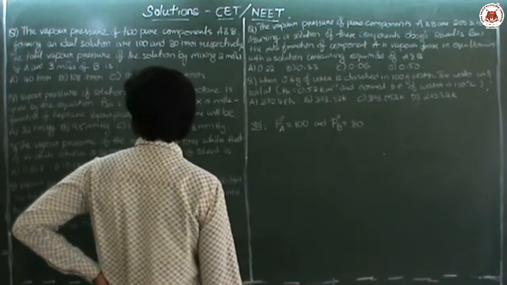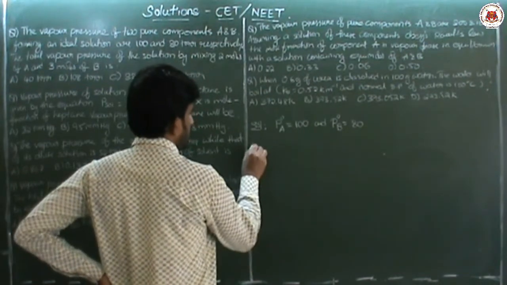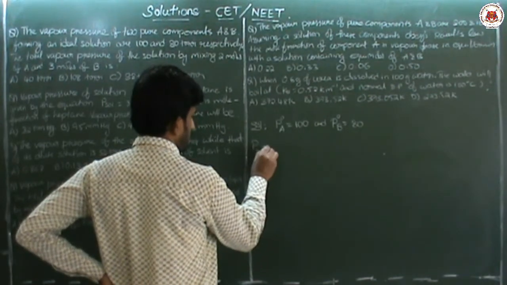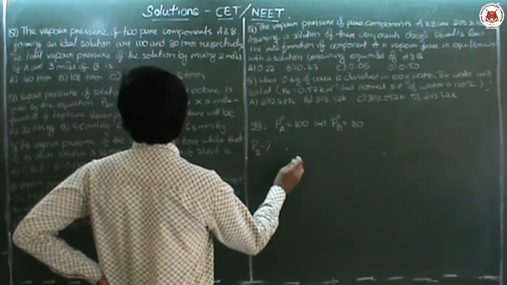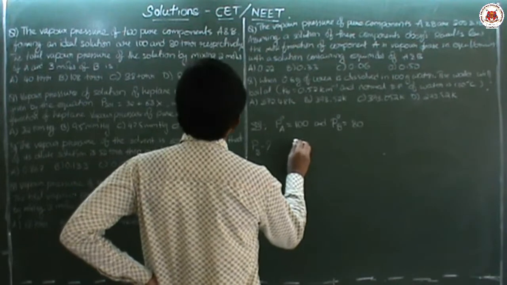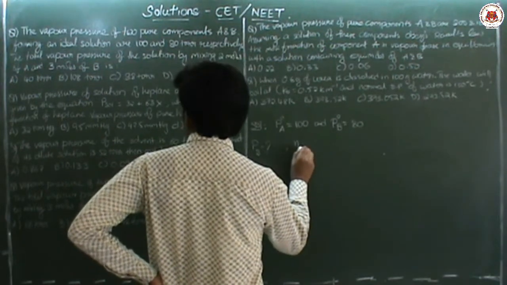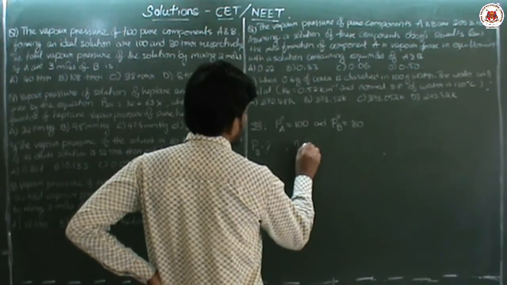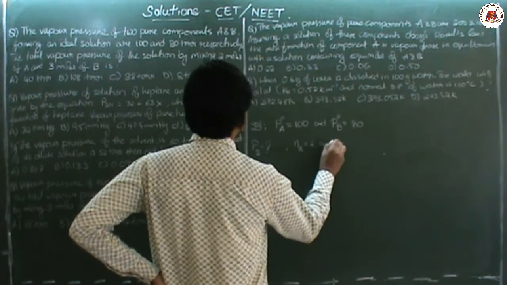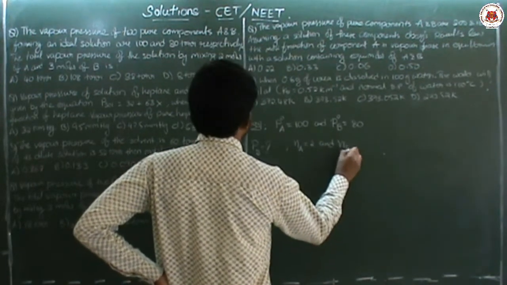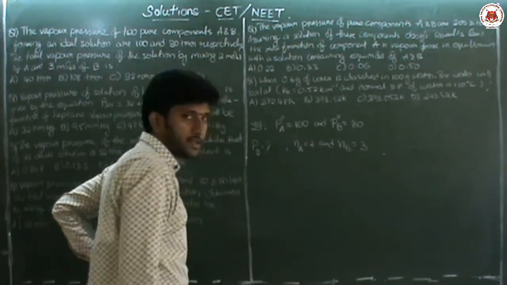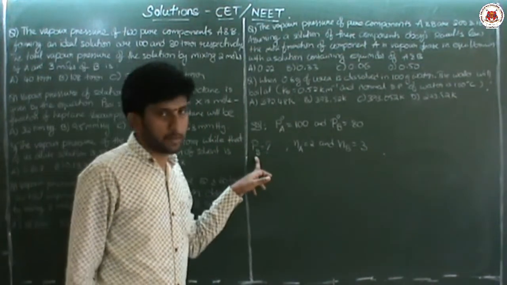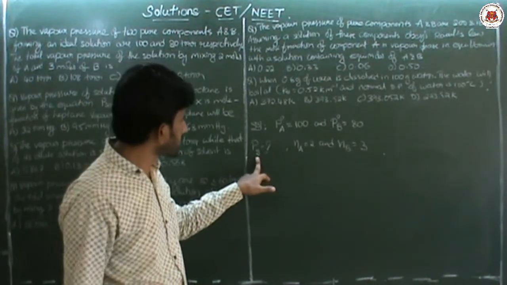They want the total pressure, P total, or pressure of the solution. The number of moles of A in the mixture is 2 and the number of moles of B in the mixture is 3. So what will be the total pressure of the solution?